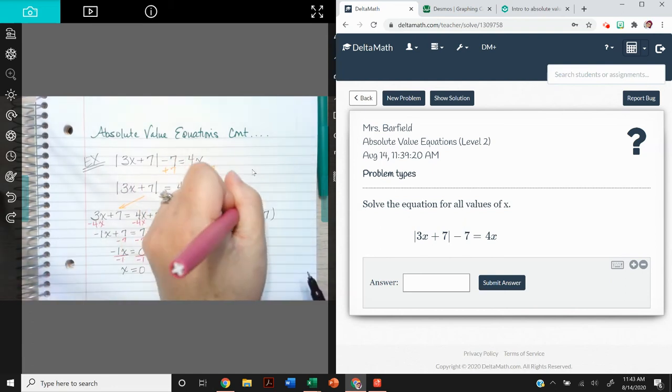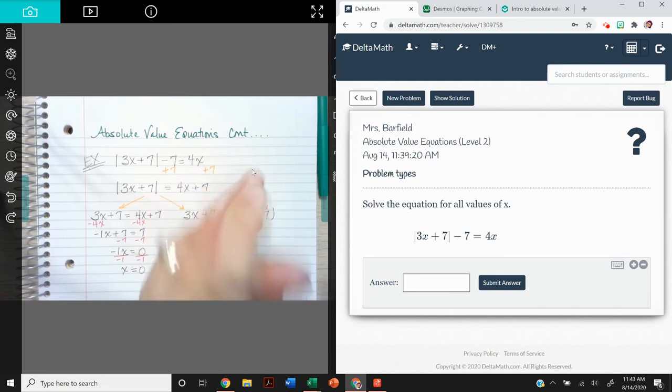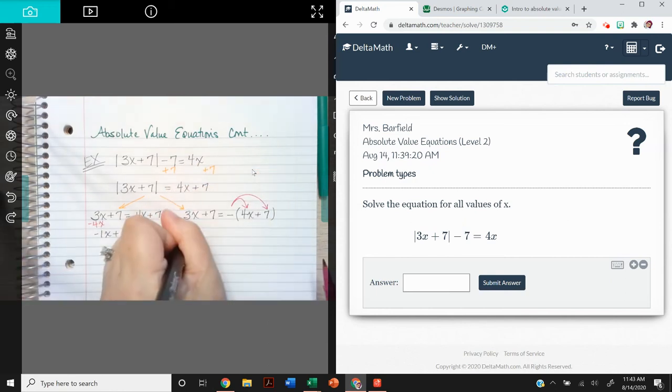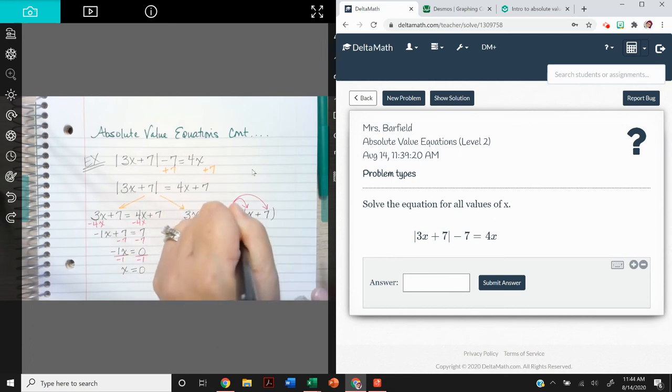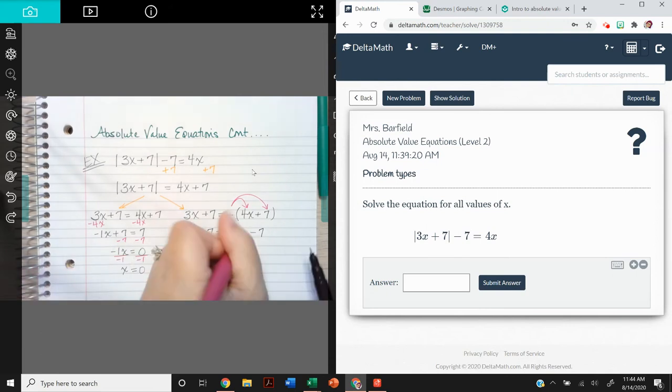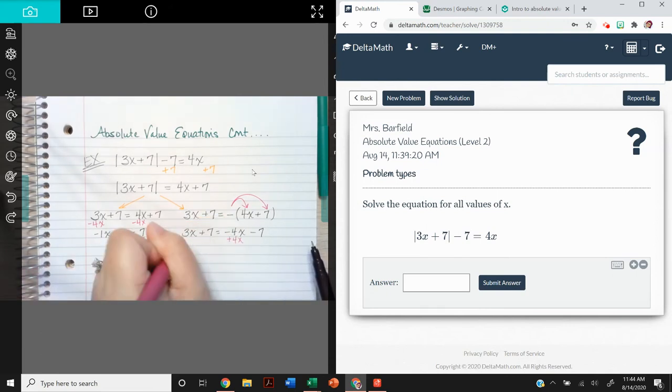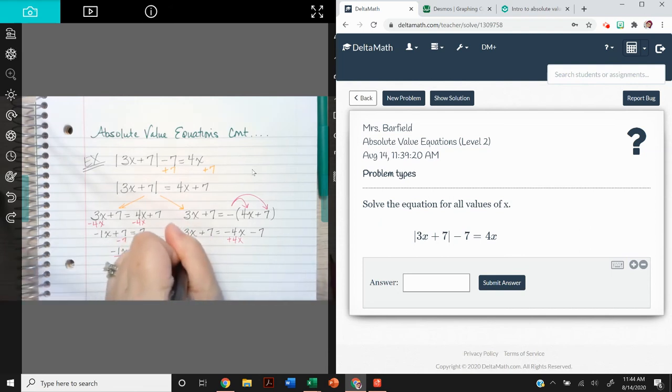Now, this one, I actually have an extra step. So I'm going to need to distribute. So I get 3x plus 7 equals negative 4x minus 7. So I'm going to add 4x. And so that gives me 7x plus 7 equals negative 7.